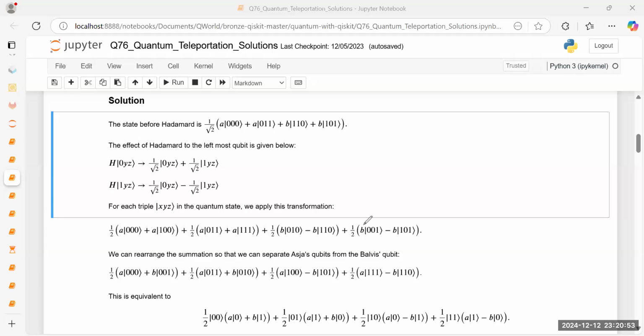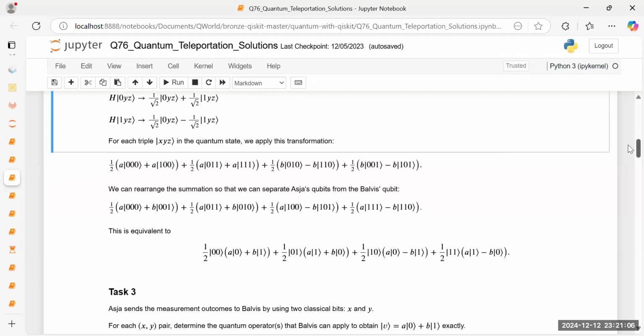So this is what we get after we've applied the Hadamard operator to the state you see here. So we've applied the 2 operators we intended.